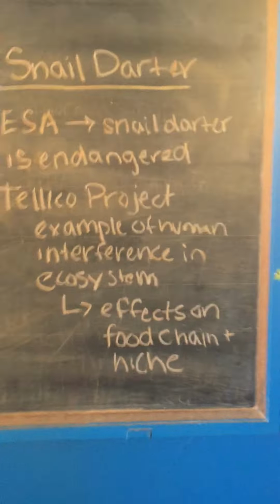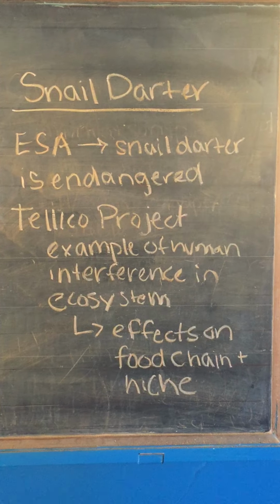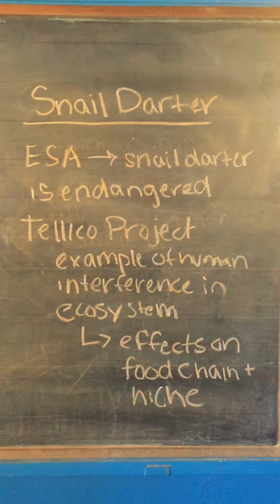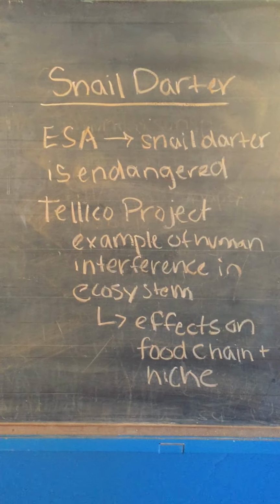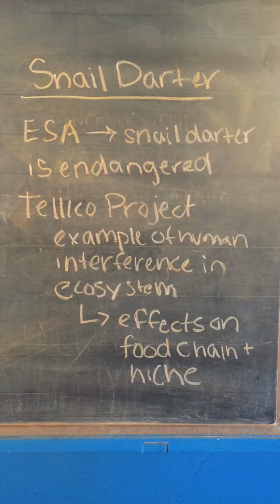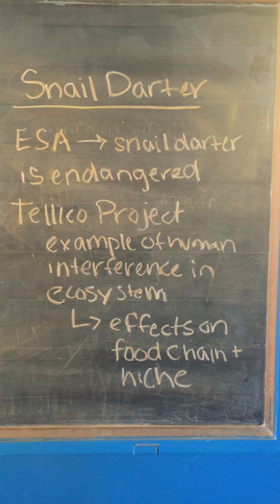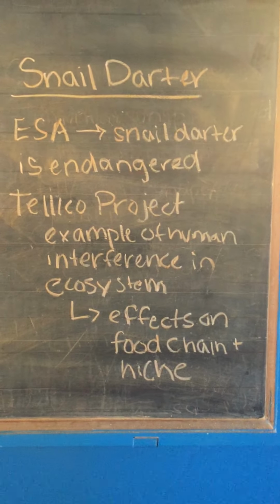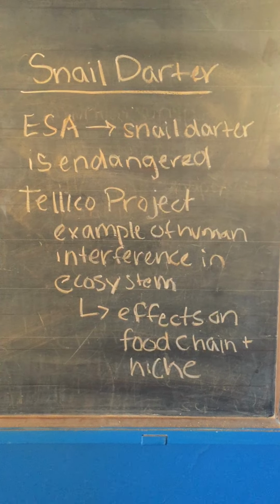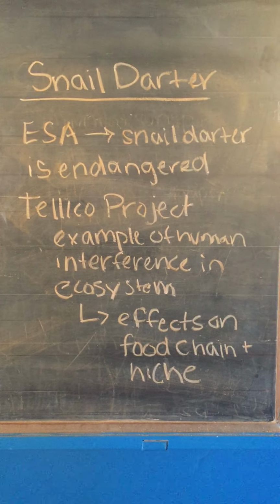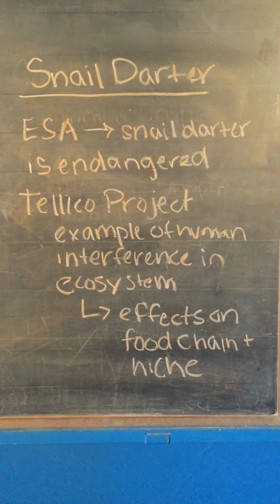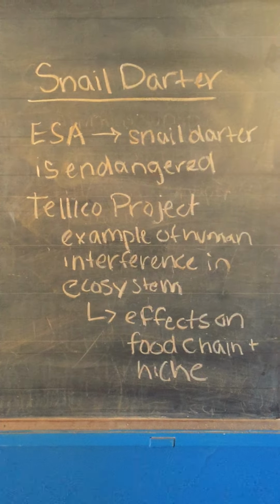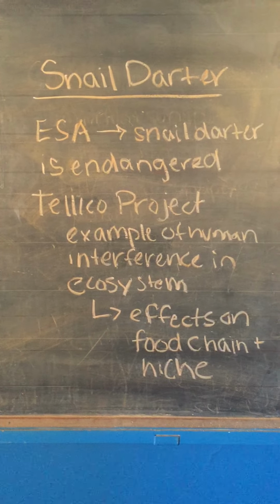So that originally was a routine policy decision by the political subsystem, but because it led to a major conflict with the TVA's Tellico project, which was a multi-purpose water resource development project that was to provide economic development, hydroelectric, flood control, and recreation benefits, the snail darter was thrust into the macro-political conflict.